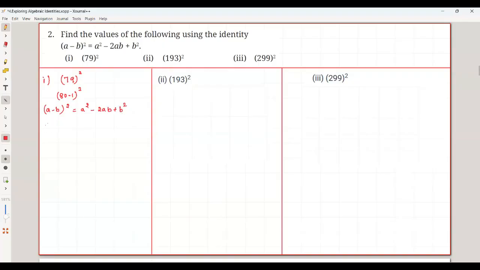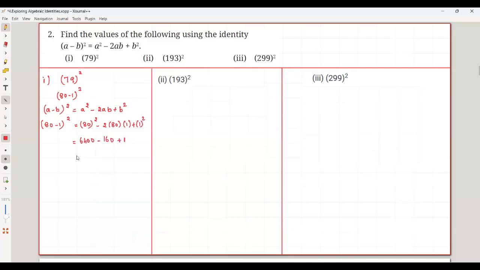Now just write it as 80 minus 1 the whole square is equal to a square, means 80 square, minus 2 into a into b, plus b square. Okay, 8 square is 64, so 6400, and 2 into 80 into 1 is 160, plus 1 square is 1.